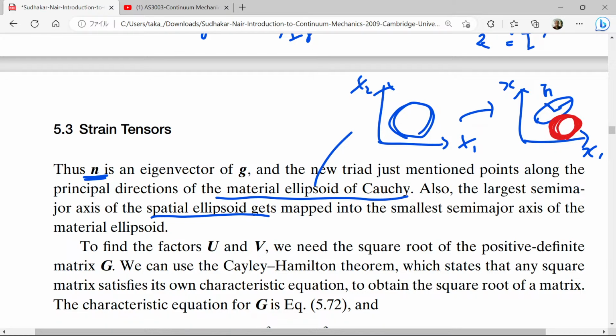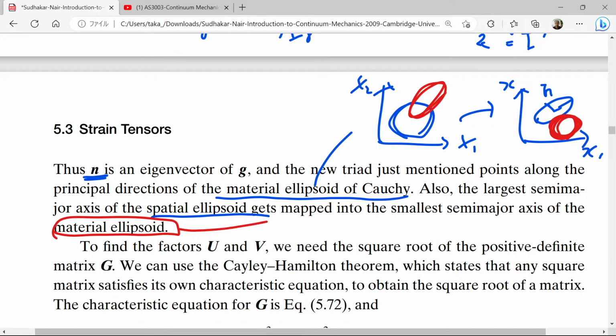This is a material, spatial ellipsoid. This is also special. So this will get mapped to this spatial ellipsoid. Why do they say material ellipsoid?